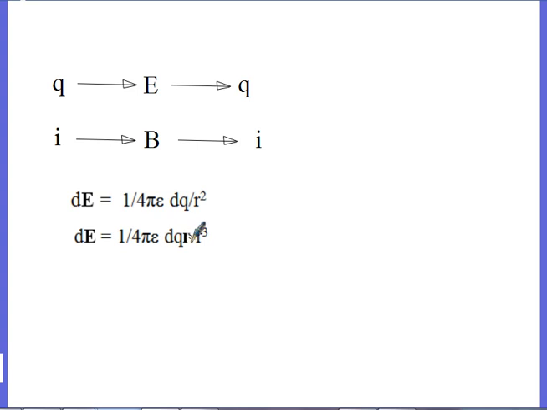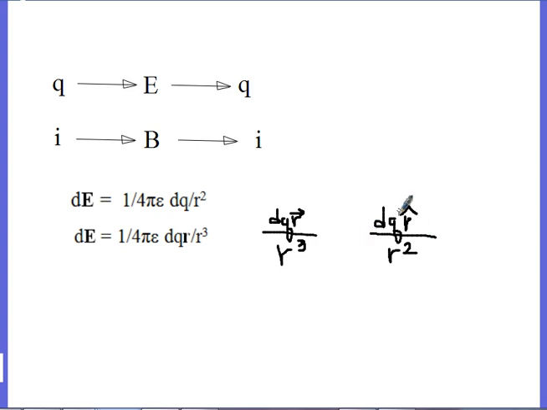Instead of dq r as a vector over r cubed, what you will see in the book sometimes is, instead, with the 1 over 4 pi epsilon out front, dq times the r unit vector over r squared, with the 1 over 4 pi epsilon out front.